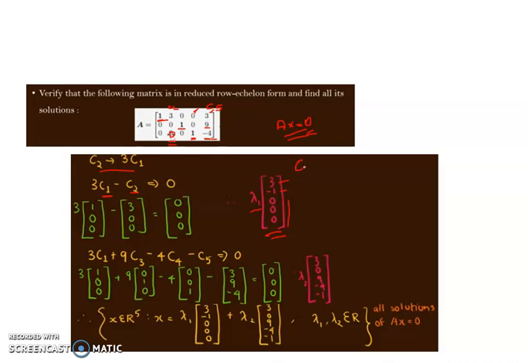Okay, C5 can be expressed as 3C1 plus 9C3 minus 4C4.